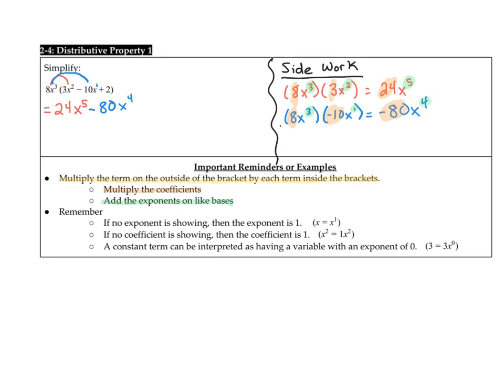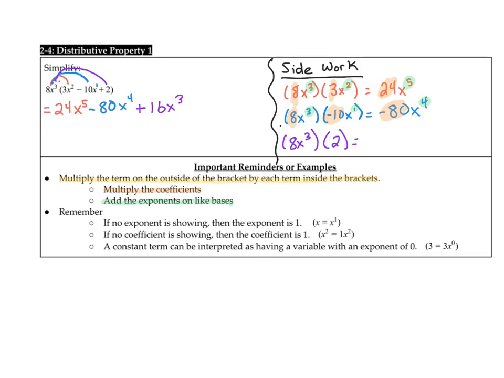The third term comes from multiplying the 8x cubed with the 2. So 8x cubed times 2 would give you positive 16x cubed. So just to show you where that came from, 8x cubed is the term on the outside, and you're multiplying it by the third term, which is 2.